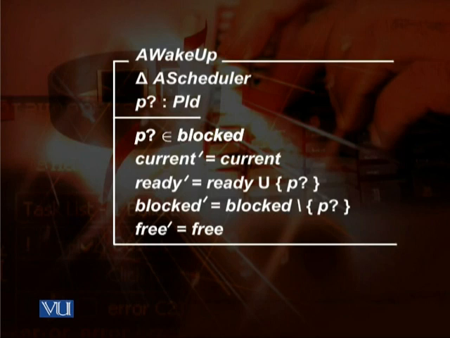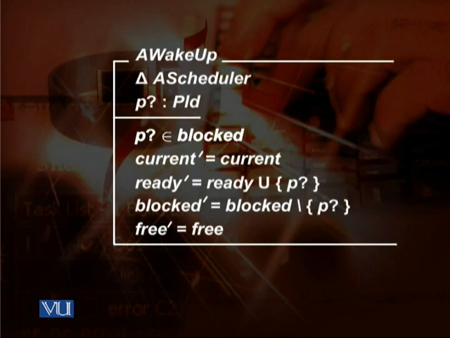Current does not change. Now since we take one from the blocked set and put it into the ready set, we change these sets accordingly. So we take this element from the blocked set. So the new value of blocked will be the old set minus this element P, and ready will be updated.